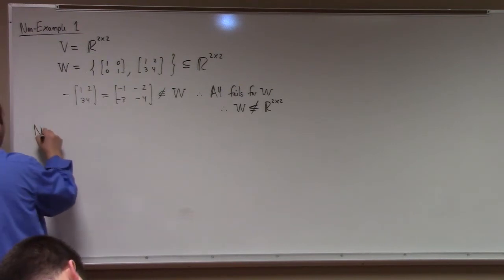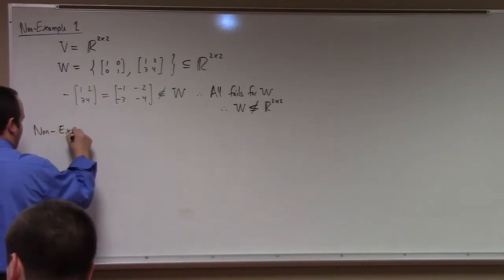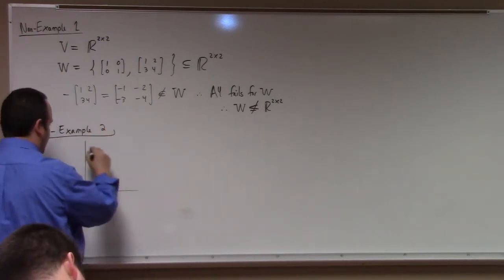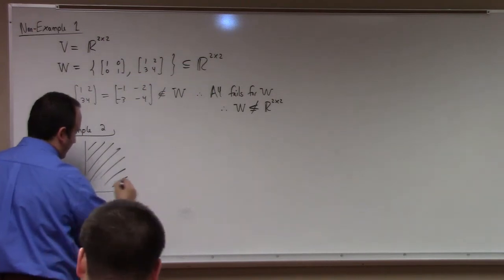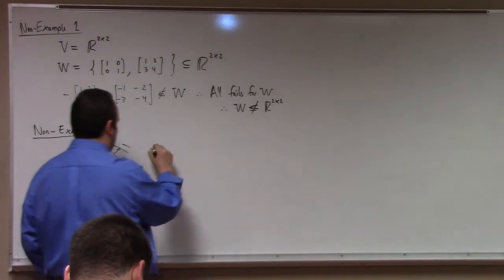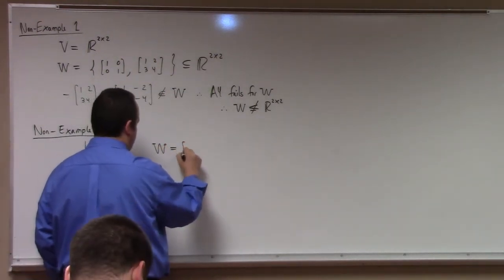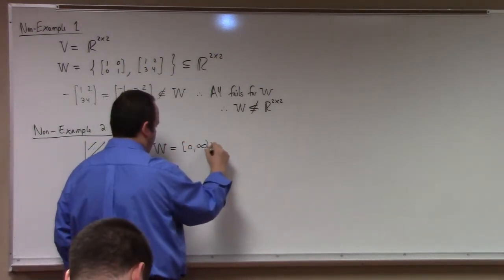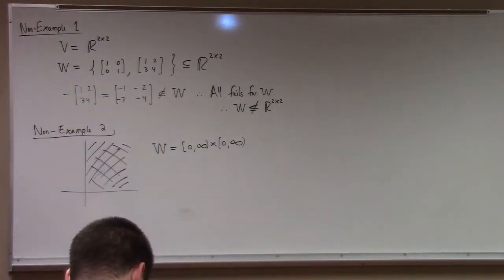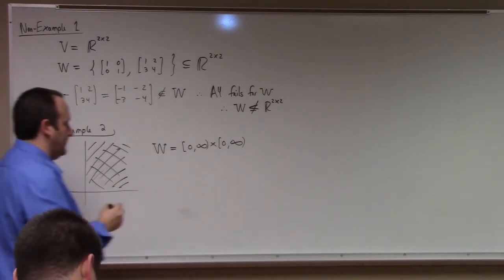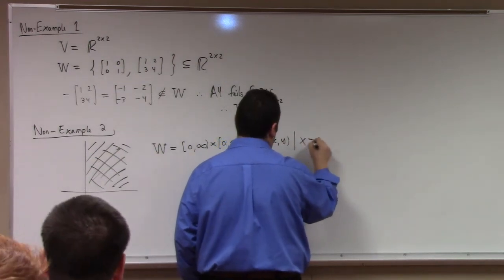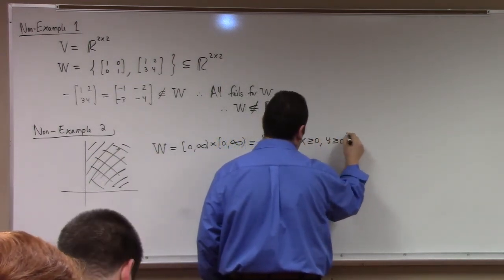Non-example 2. A popular non-example, like the upper quarter plane. This would be the Cartesian product of [0, infinity) with [0, infinity). If I put it in set builder notation, this is the set of (x, y) such that x is greater than or equal to 0, y greater than or equal to 0.